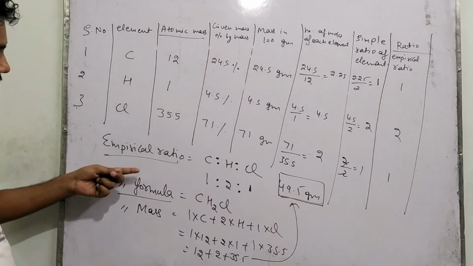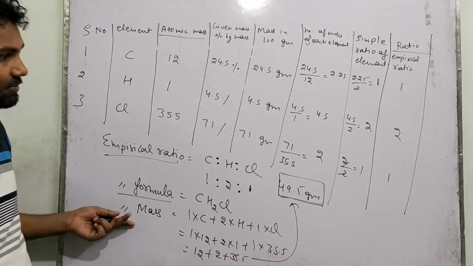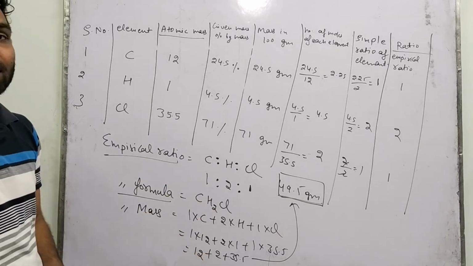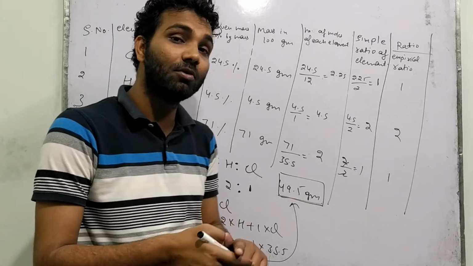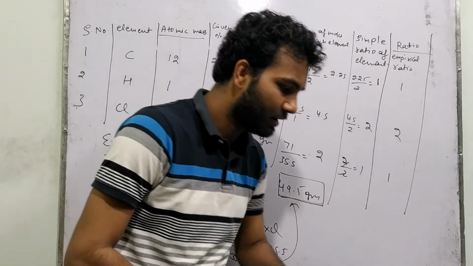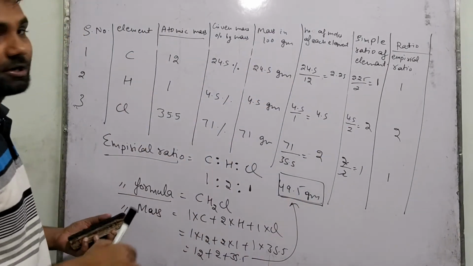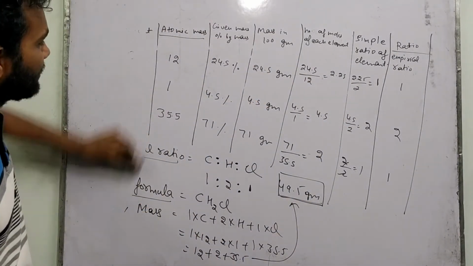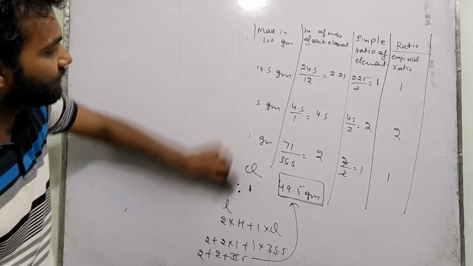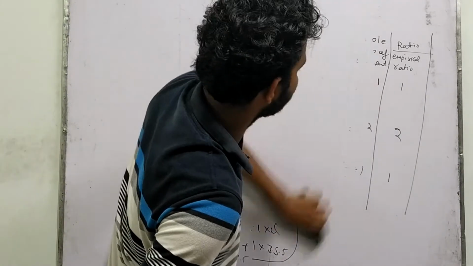Now you have empirical formula, you have empirical mass. By using this data, you will calculate the molecular mass and the molecular formula of the compound. But actually in question, the molecular mass is given. Okay, now we will calculate the molecular formula of the compound.